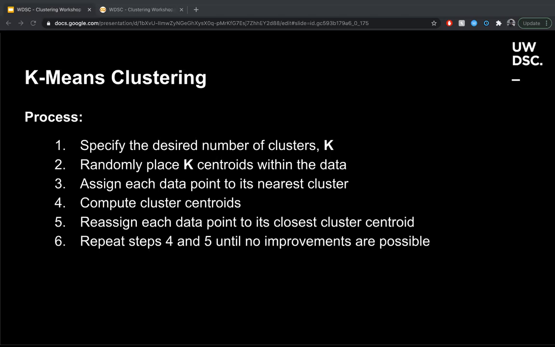The third step is to assign each data point to its nearest centroid, and then we recompute the cluster centroids based on the clusters that are created. And then we repeat steps 4 and 5 until no further improvements can be made to the location of the centroid, such that the centroid is as close to all the data points within its own cluster as possible.